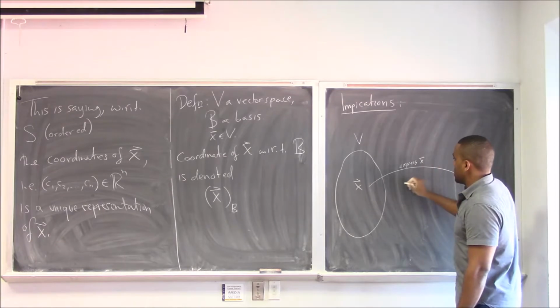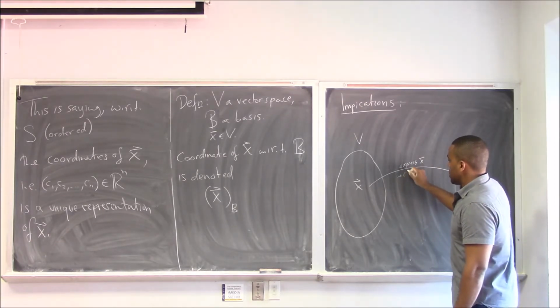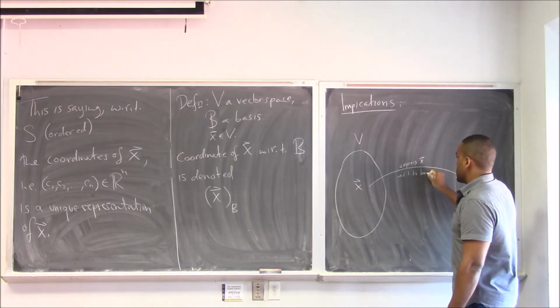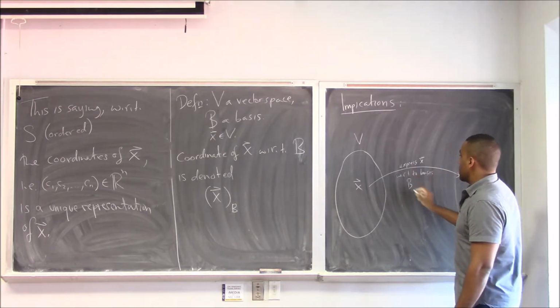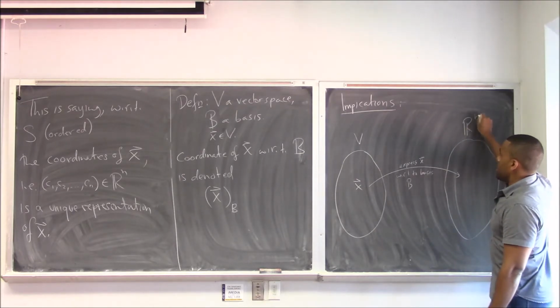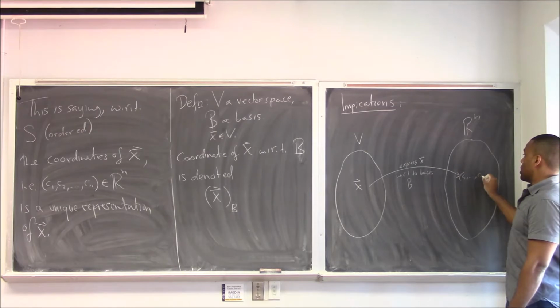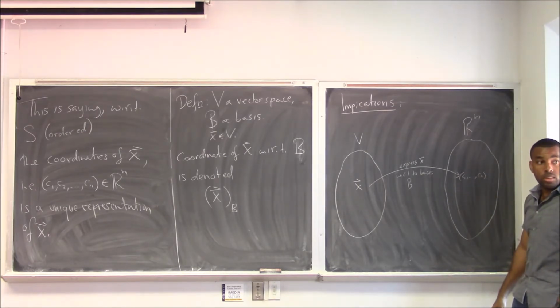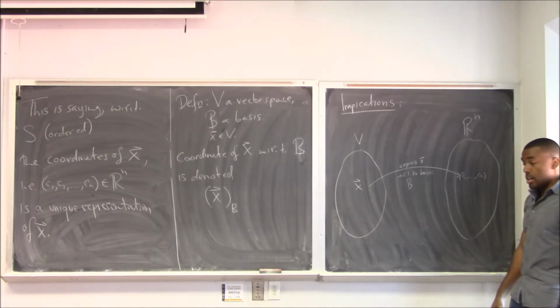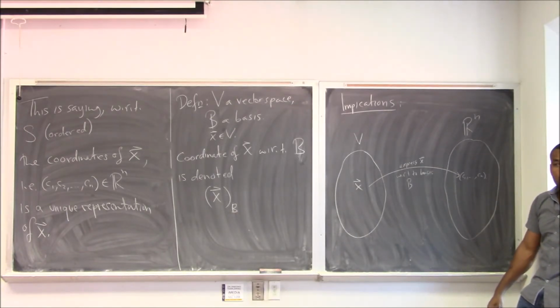Express x with respect to basis B. It means somewhere over here in the set Rn, there's going to be a coordinate that relates to that vector. And it turns out that coordinate has to be unique. That will be the only coordinate that relates to that vector, right?